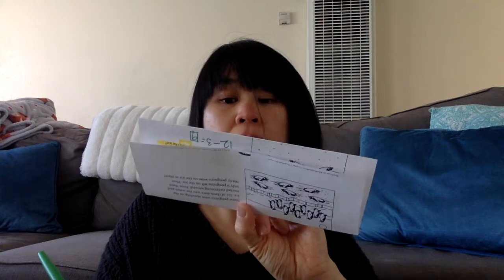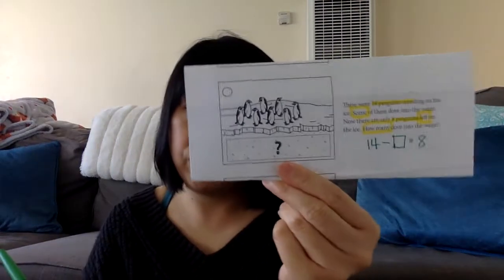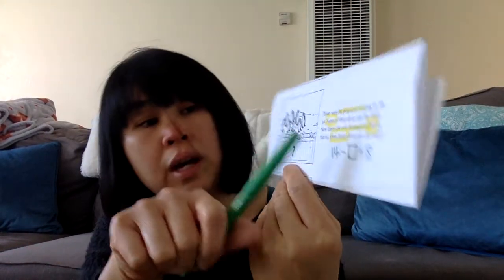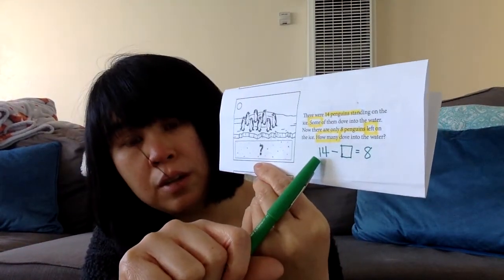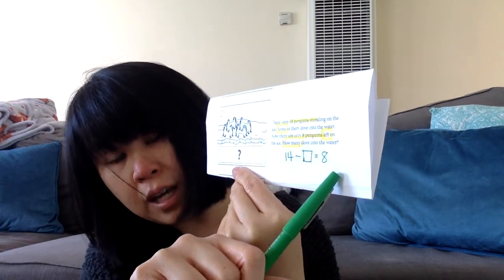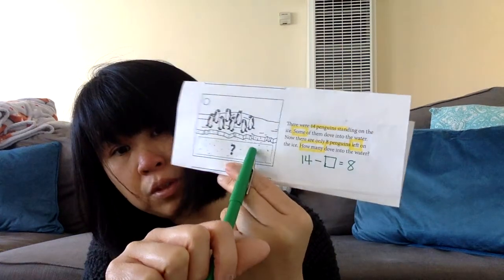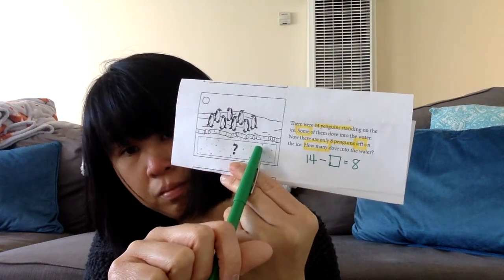And then it says now there are only 8 left, so that means 8 is at the end. So we had 14 penguins to start with. Some of them jumped into the water. Now there's only 8 left. We're trying to solve for how many jumped into the water, which is what this picture is showing you.